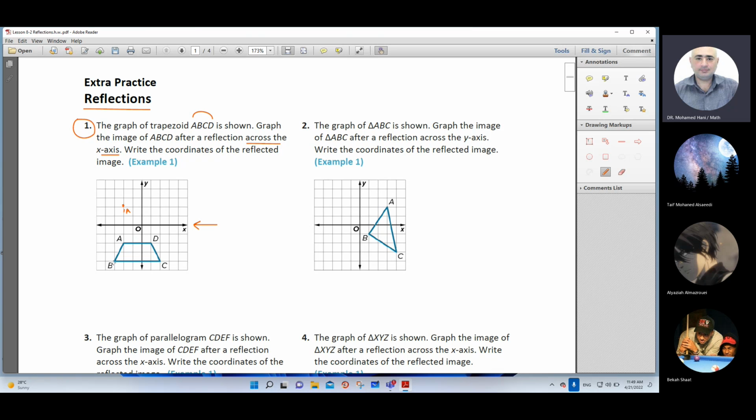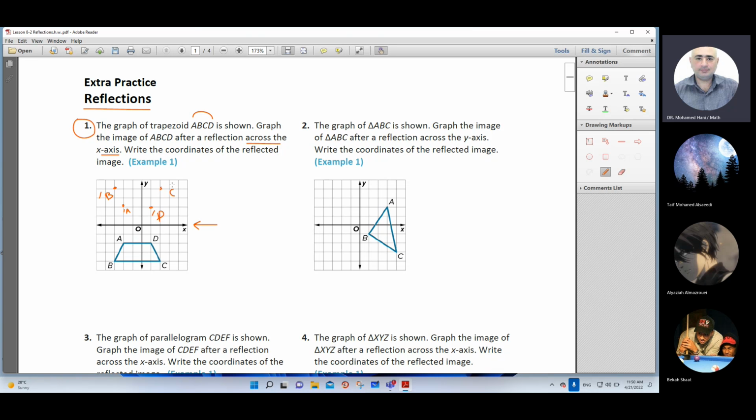The same idea, count from B to the line. What is the distance? 1, 2, 3, 4 units. So take the same distance, 1, 2, 3, 4 units. Then here you have 2 units. Take the same distance here, 2 units. Here, see, we have 1, 2, 3, 4. Take 4 units.